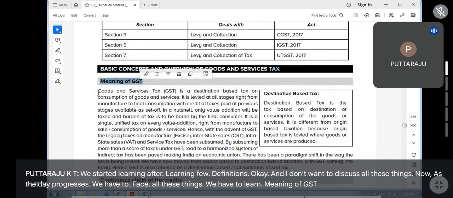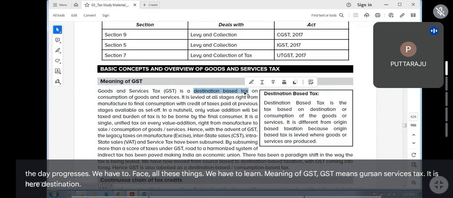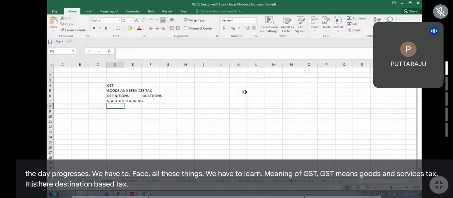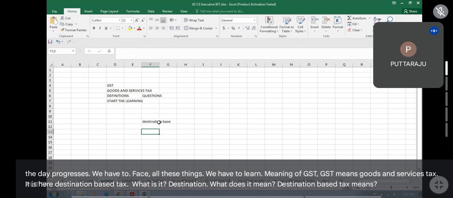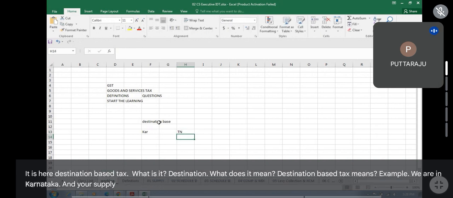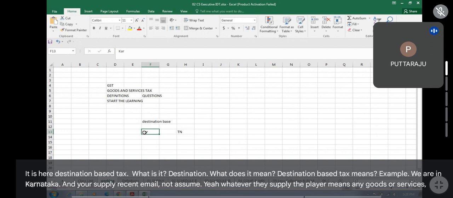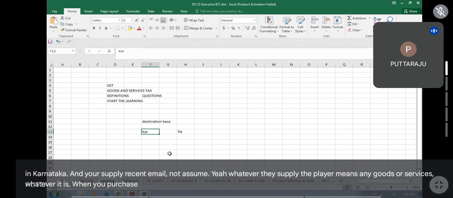Meaning of GST: GST means goods and services tax. It is a destination based tax. What does it mean? Destination based tax means, for example, we are in Karnataka and your supplier is in Tamil Nadu. Whatever the supply is, goods or services, when you purchase anything from Tamil Nadu, you will pay the tax to Tamil Nadu.